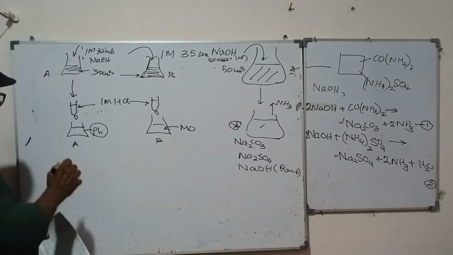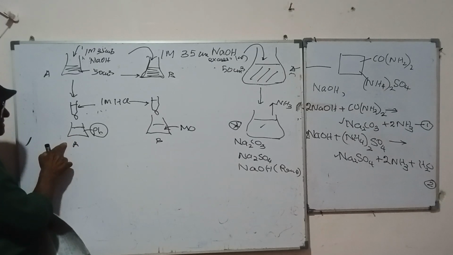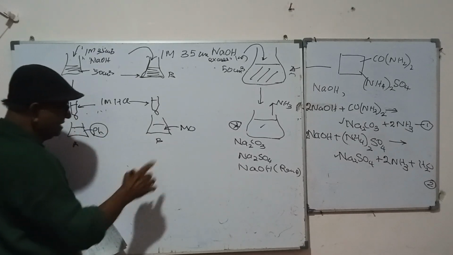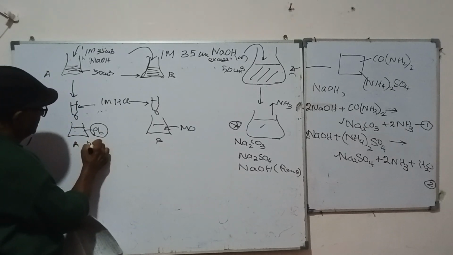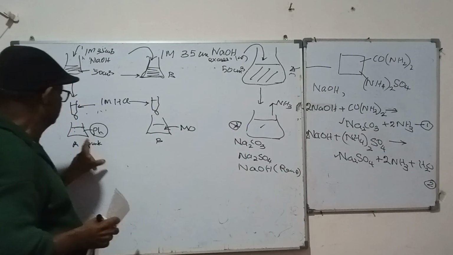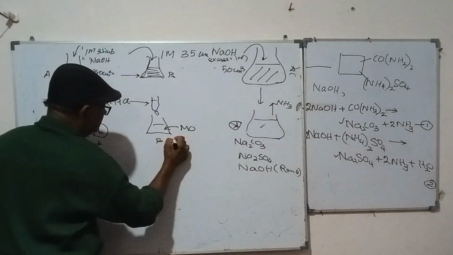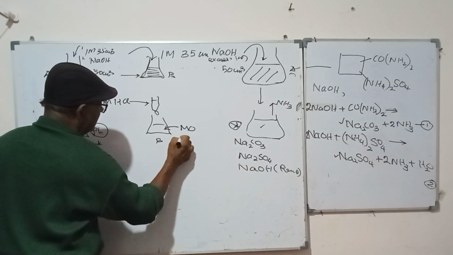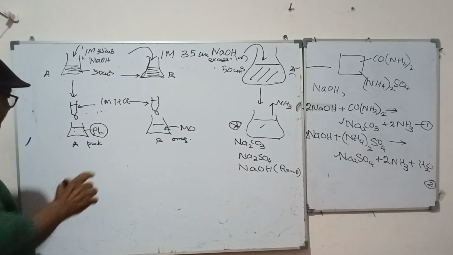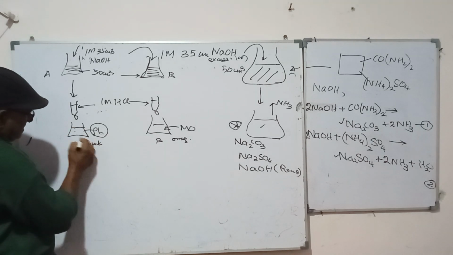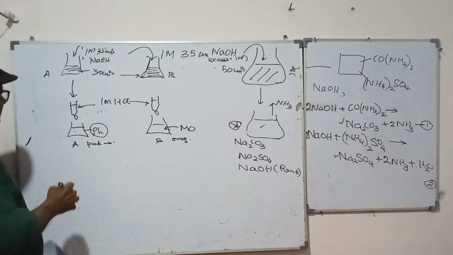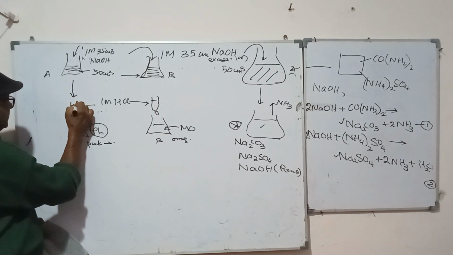Then, what is the color change given here? This solution with phenolphthalein should be pink because NaOH is present. This one gives orange initially. At the end point, this becomes colorless. Then the burette reading was determined.